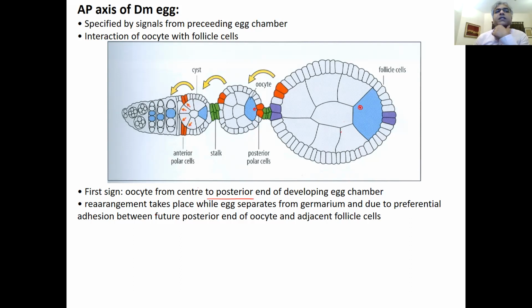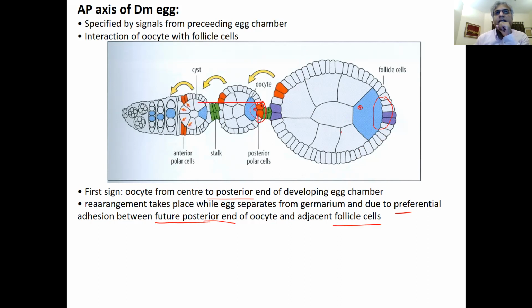Then there is a rearrangement that takes place while the egg separates from the germarium, due to the preferential adhesion between the future posterior end of the oocyte, which is this one or this one, and the adjacent follicle cells, which are these ones.